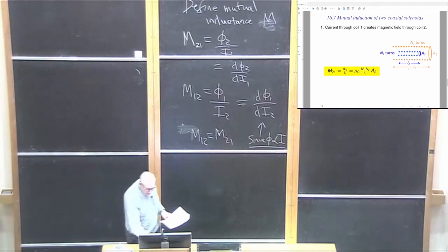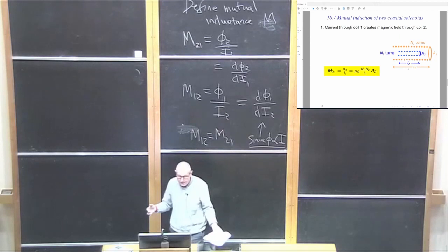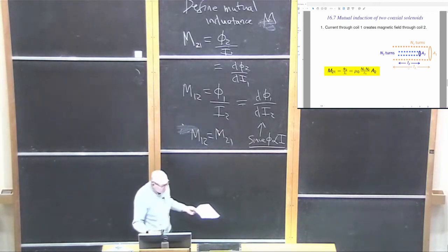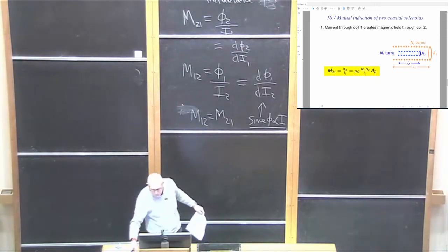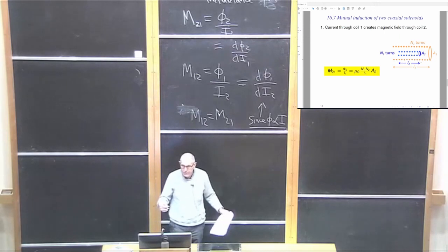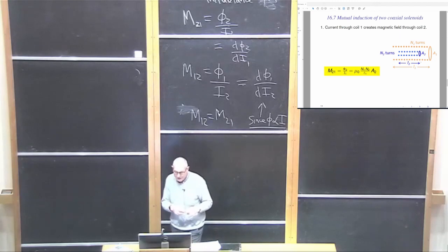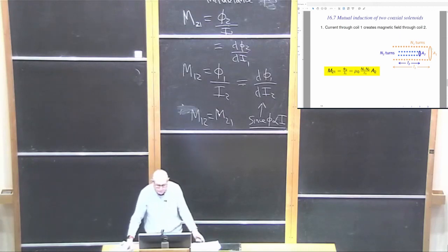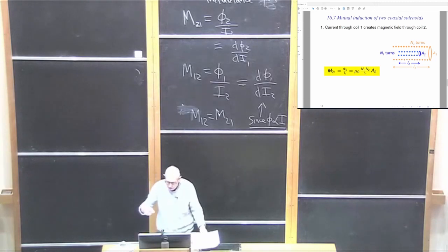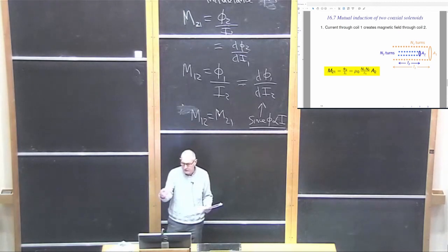Right. Now, I'm going to give an example and I'm going to do this 2 ways. I'm going to do 2 coils, where one coil is inside the other, and the first time I'm going to consider a change of current through circuit 1, i.e. coil 1, the outside coil, and calculate the mutual inductance in coil 2.